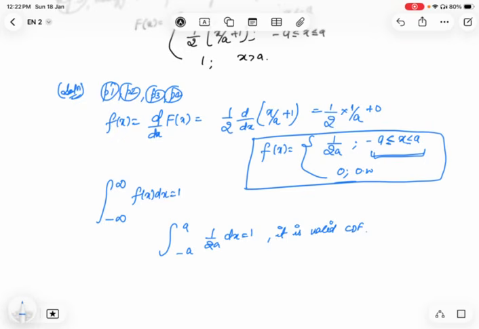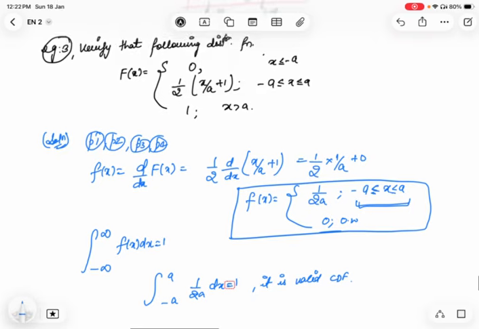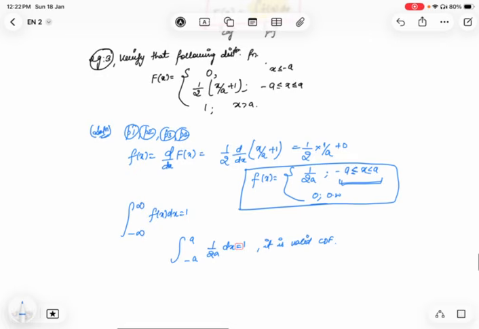We have not proved it from the properties P1, P2, P3, P4, but we have just taken the easy way, because in an examination you don't have enough time to prove all the properties and then satisfy them. Instead of that, you should take the differentiation of the cumulative distribution function and just show that it is valid. Then it is also good.